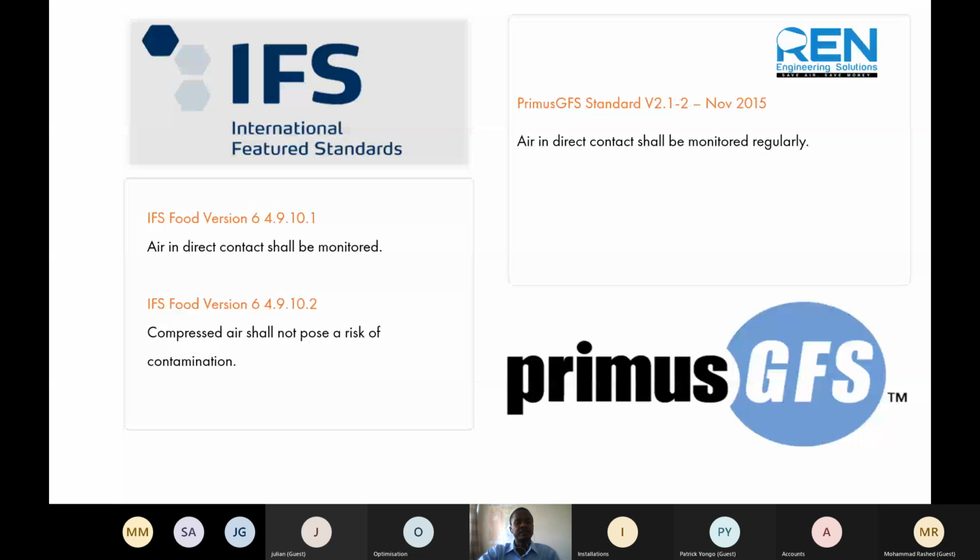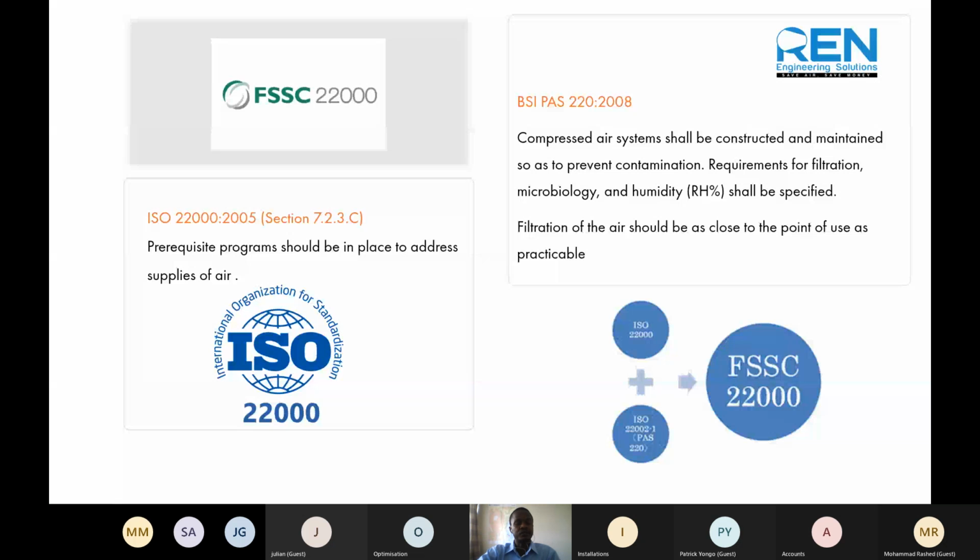The next food safety scheme that is very recognizable and used a lot here locally is FSSC 22000, which is a combination of ISO 22000 and the BSI PAS 220. In ISO 22000, it is stated that prerequisite programs should be in place to address supplies of air.